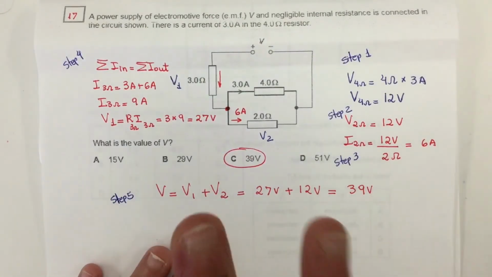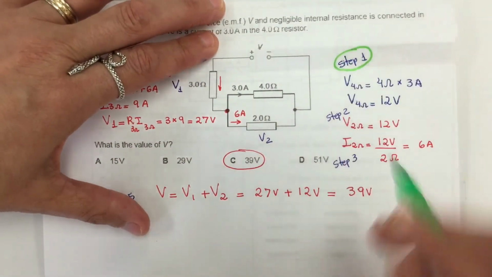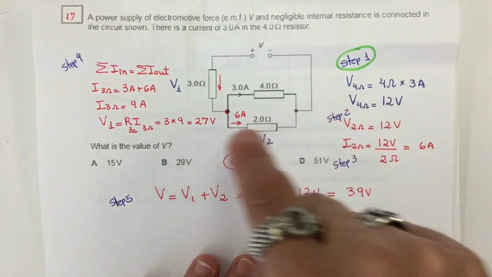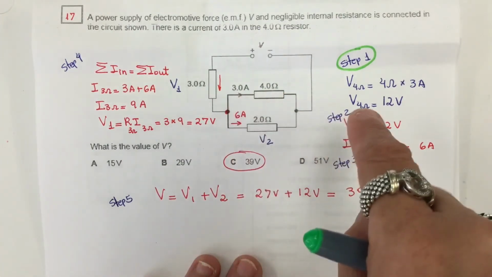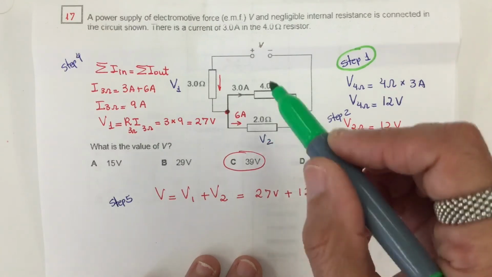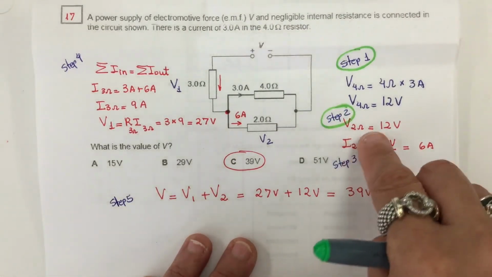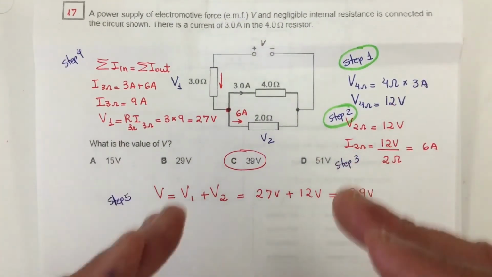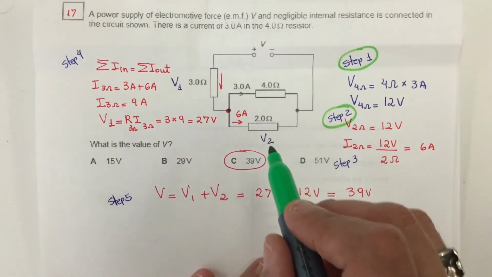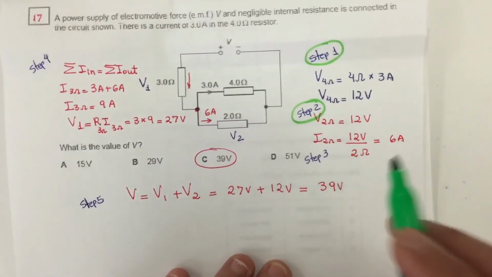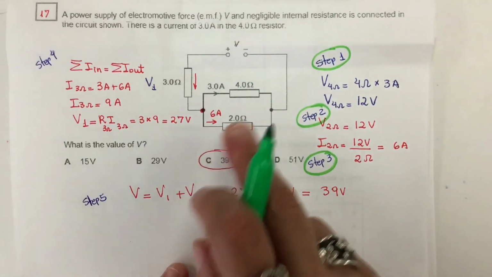Okay, so let me review with you the sequence that I did to find the answer. Step 1, I calculate the value of the voltage on this resistor because the current was provided. Since those two are in parallel, the voltage across here is the same here. So that was my step 2. By my knowledge that two resistors in parallel have the same voltage, the voltage on this resistor is the same. So using that information, I calculate the current flowing on this resistor, 2 ohms.